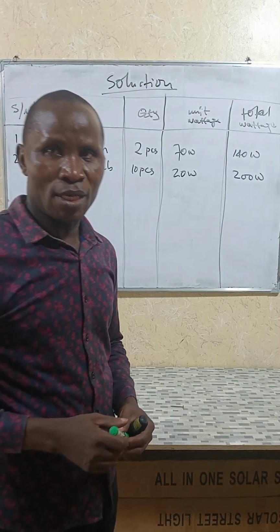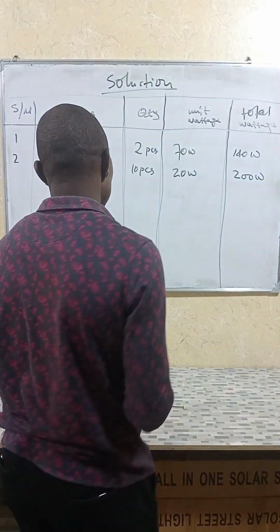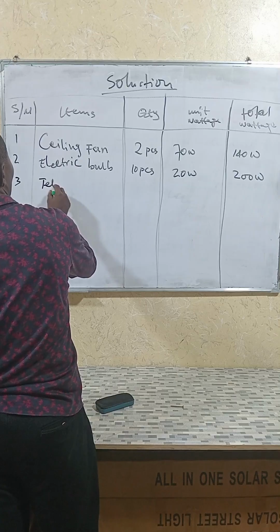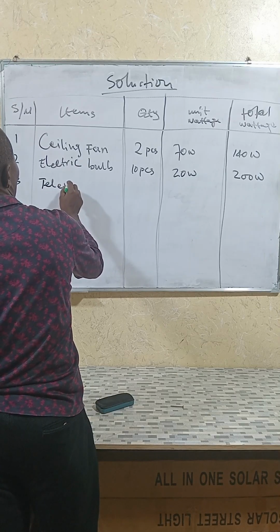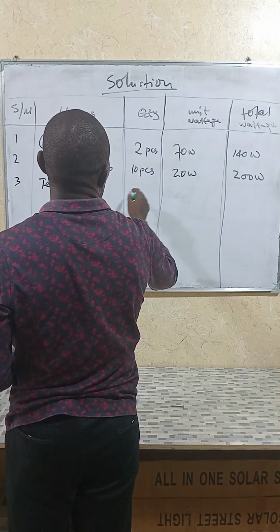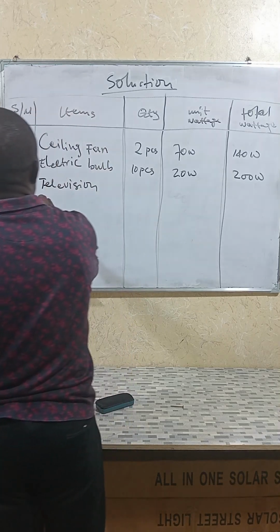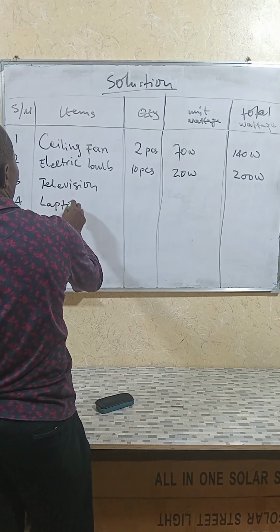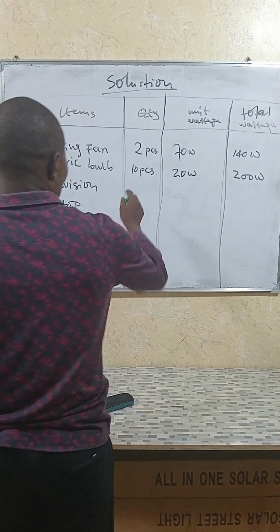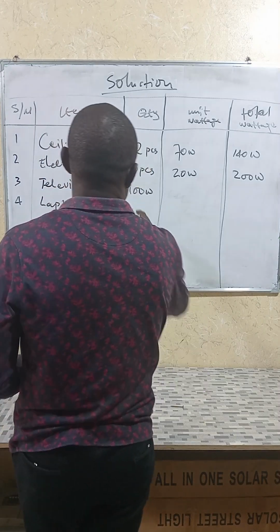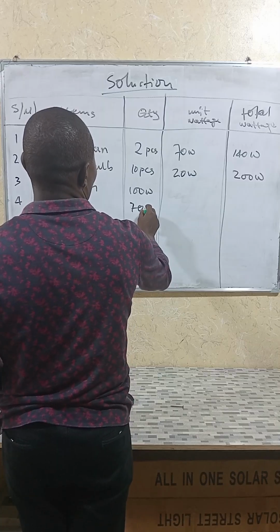Number 3 is television, and number 4 is laptop. Television is 100 watts. Laptop is 70 watts.